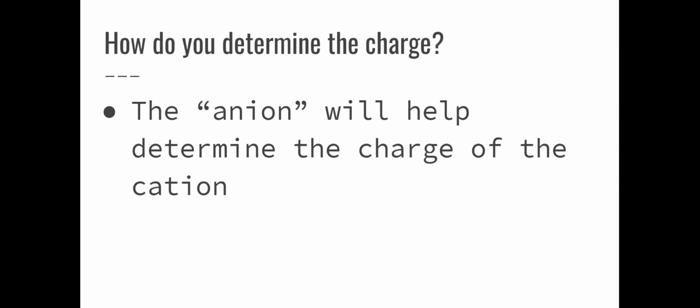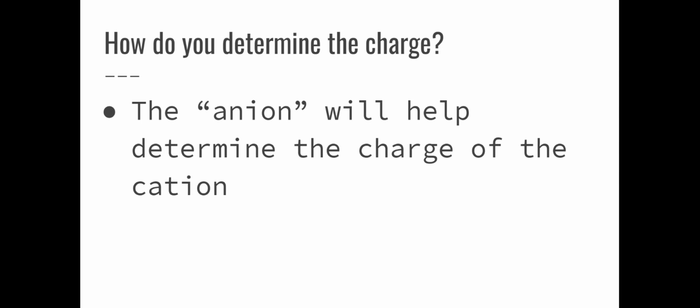If I start with a neutral atom and I remove electrons, we call that a cation, the last word on the slide so far. A cation is a positively charged ion. That means it has more protons than it has electrons.